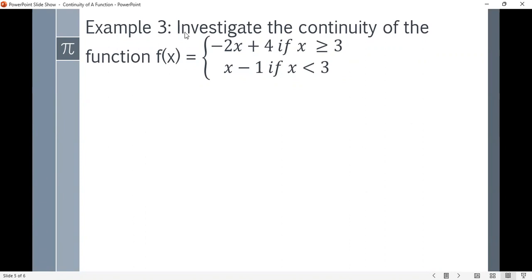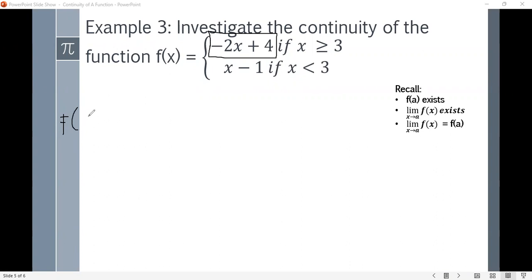So, try ulit natin i-apply si f of a. Ang ginagamit natin dito ay yung 3. So kapag 3 ang ginamit ko, ano pong function ang aking gagamitin? Yung negative 2x plus 4 o yung x minus 1? Yan. So, ang gagamitin ko po dito sa case na to ay ito pong negative 2x plus 4.